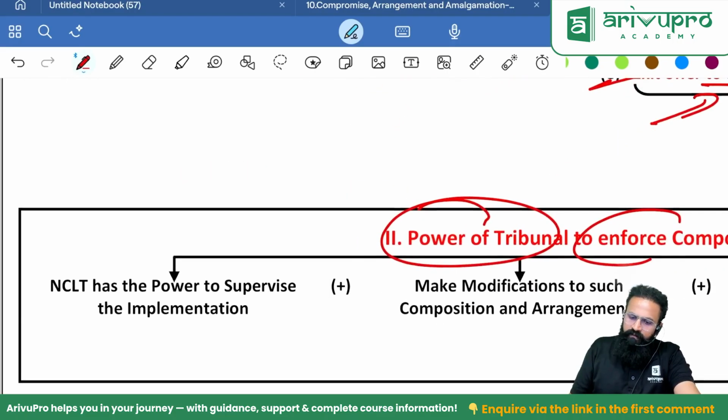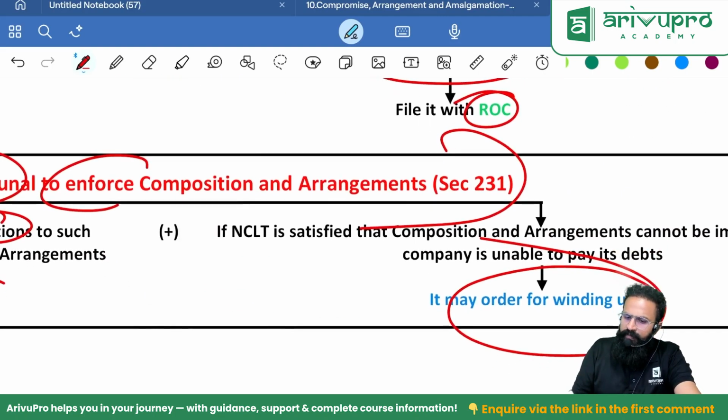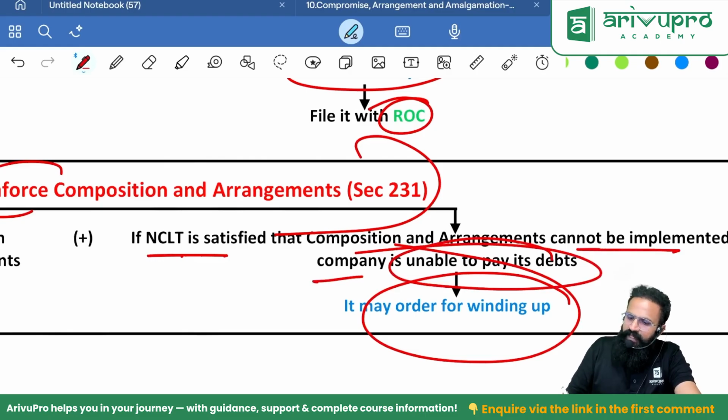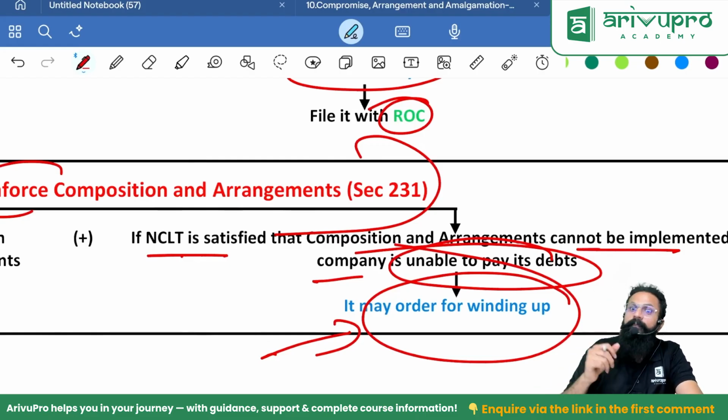NCLT has the power to supervise the implementation, and it can also make modifications to such compromise and arrangements. If the NCLT is satisfied that the compromise arrangements cannot be implemented and the company is unable to pay its debts, then it may order winding up. Kingfisher will be wound up. Understood?